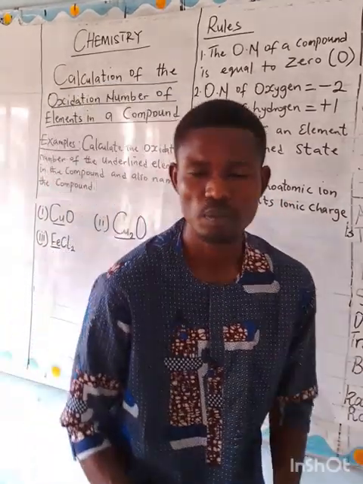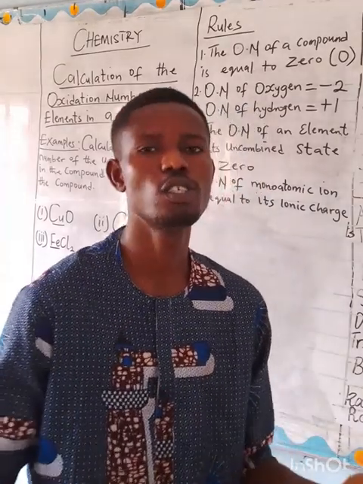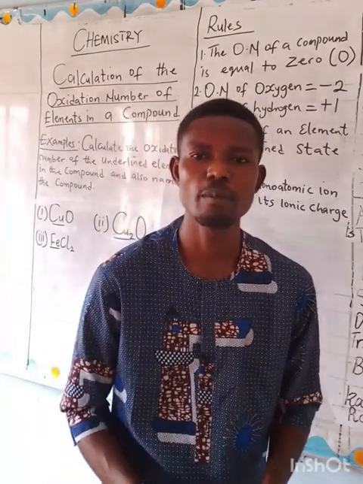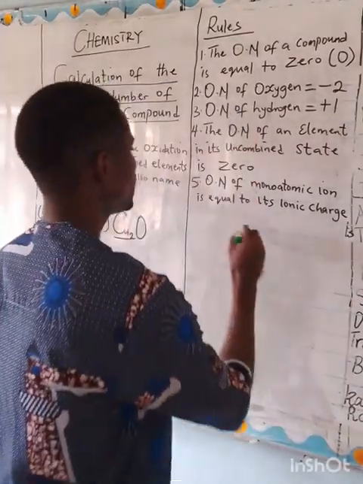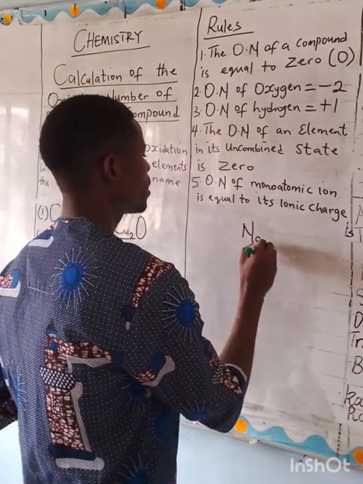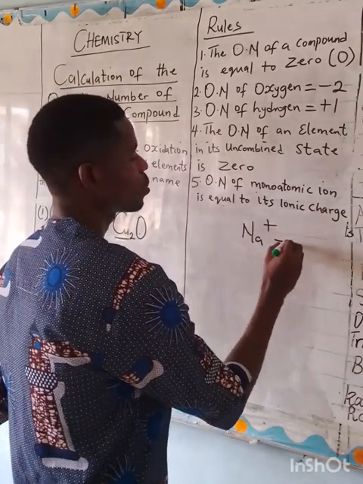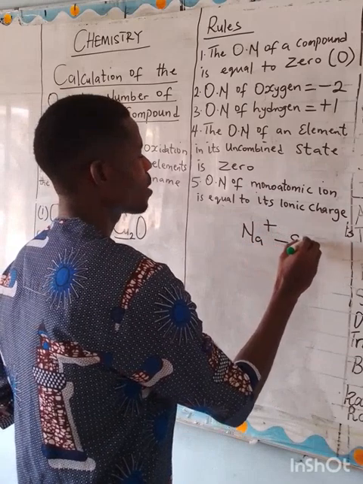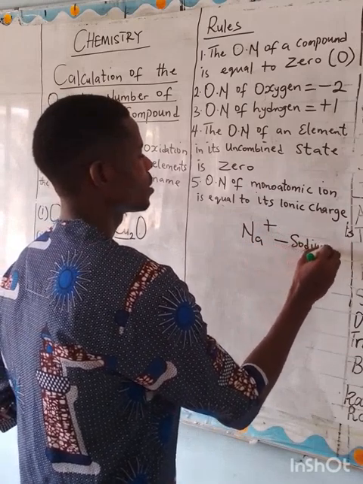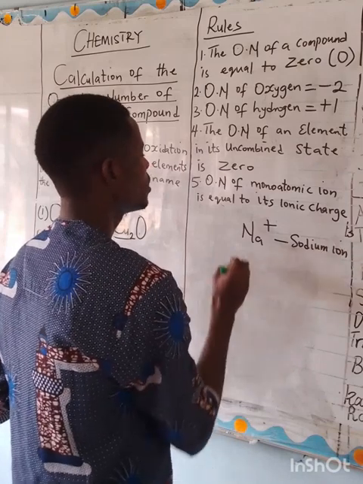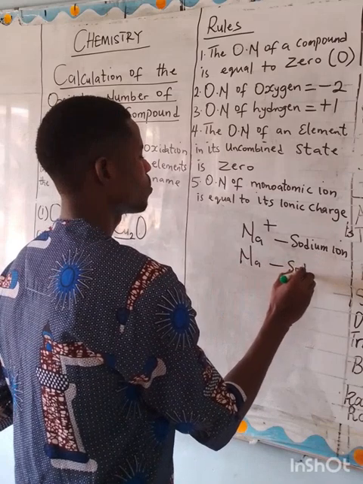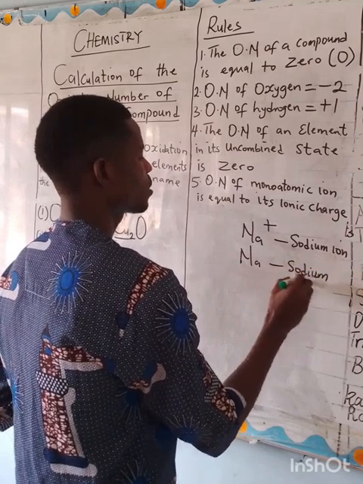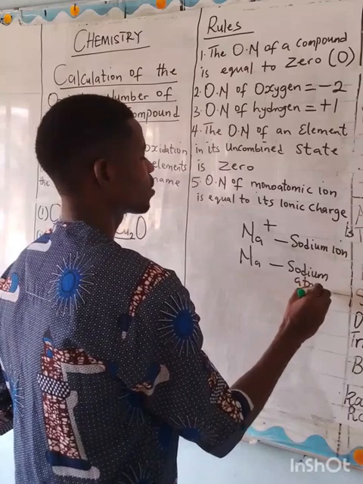What do we mean? When you have sodium ion, remember it is Na+. This is called sodium ion. Then this is called sodium atom, a neutral atom.